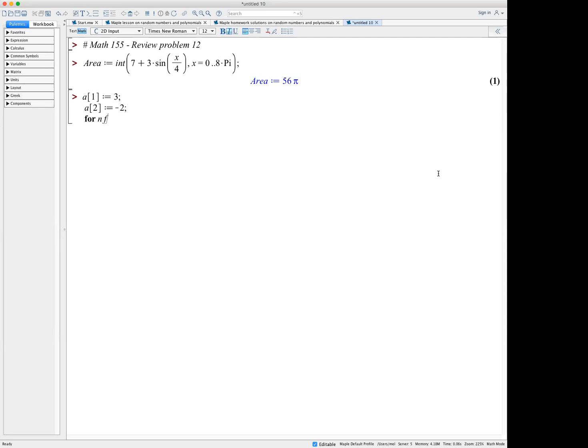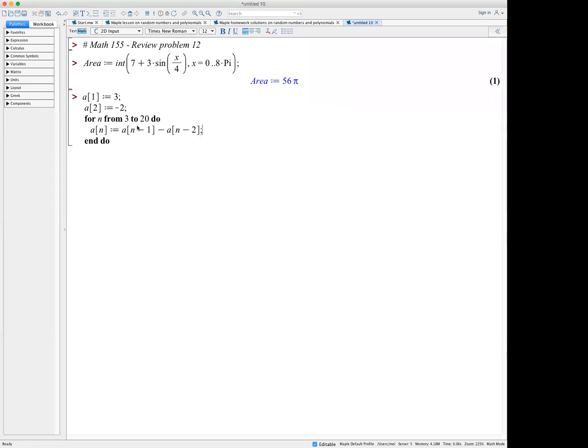And for n from 3 to 20 we define the nth term of the sequence, a n, to be equal to a n minus 1 minus a n minus 2.